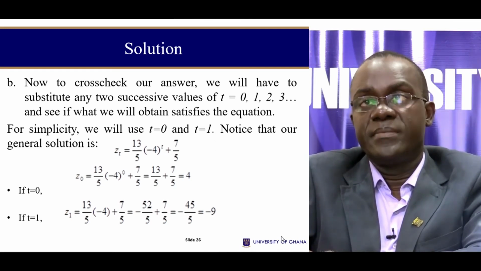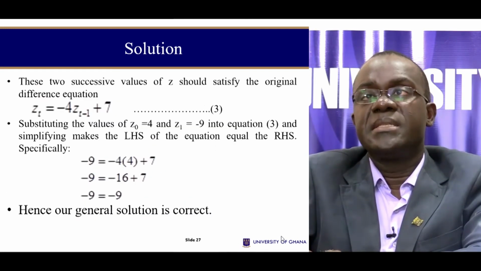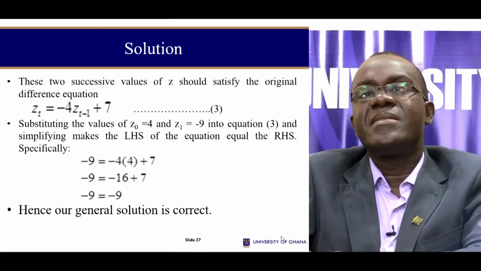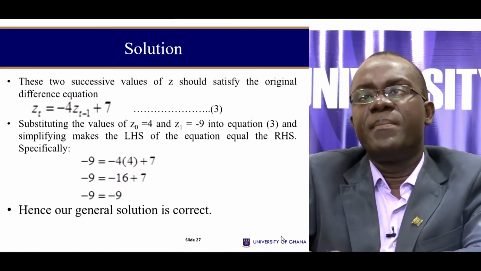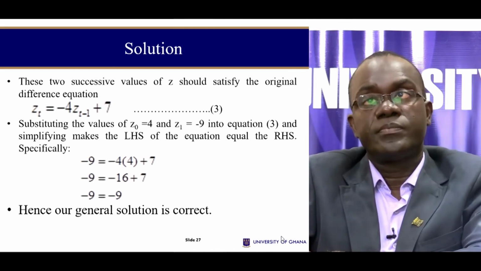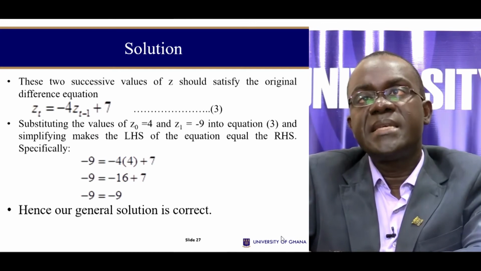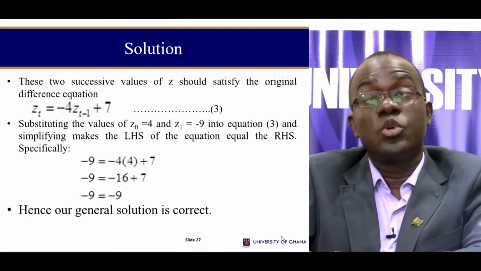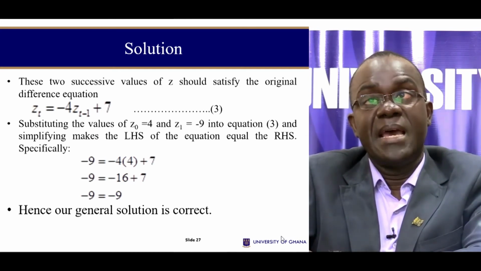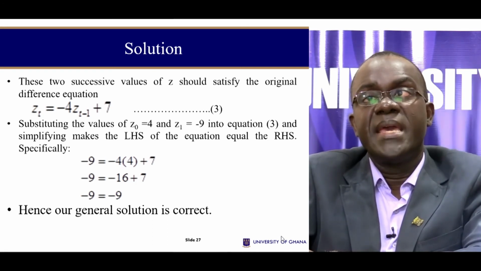The next point is that this -4 and -9, when I put them into this equation, they should be equal. Notice that zt, in my situation, the t was 1, and I got -9 over here. This is equal to my -4, which is a constant here. The z0, in our case, is zt minus 1, is 4 over here, and this is my constant 7.